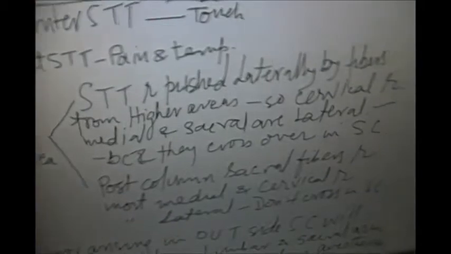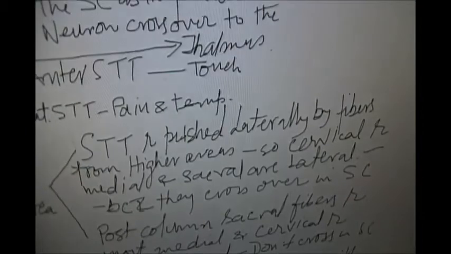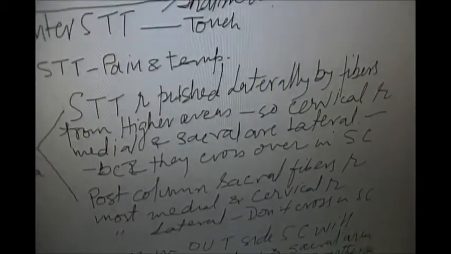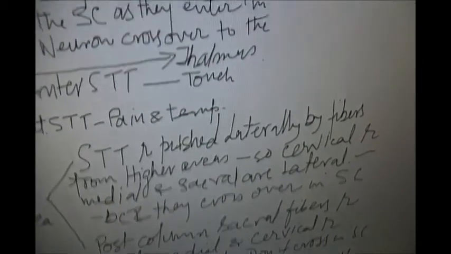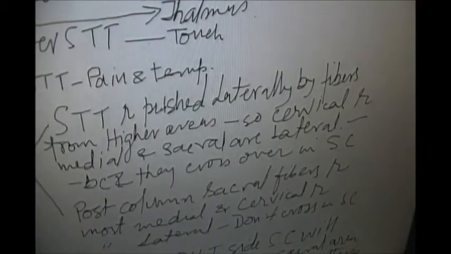The arrangement of spinothalamic tract fibers in the sacral and lumbar region: the spinothalamic tract fibers cross over in the spinal cord when they enter it. So the fibers from the lower region, the sacral and lumbar regions, are pushed laterally by the fibers from the higher centers.